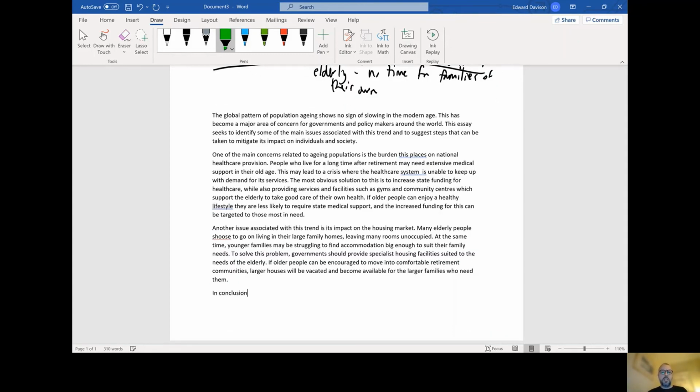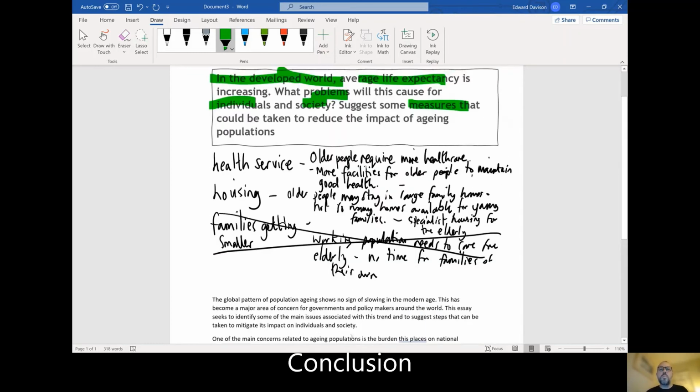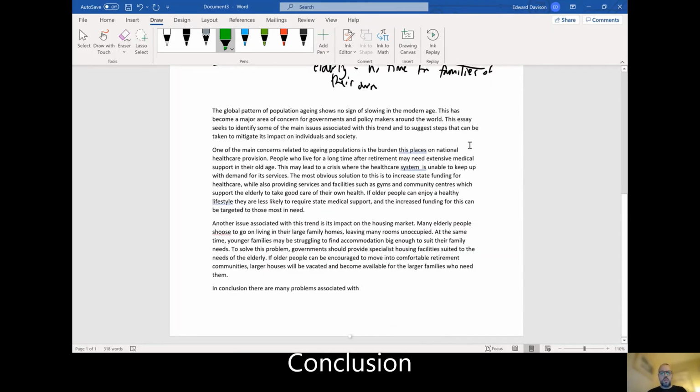In conclusion, and as I said, remember we want to reference the fact that this is about problems and solutions, and because I've followed structure B, I can also reference how I've divided the two paragraphs according to healthcare and according to housing. So in conclusion, there are many problems associated with the increase in life expectancy.